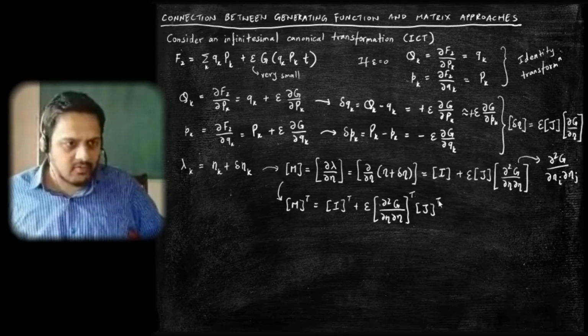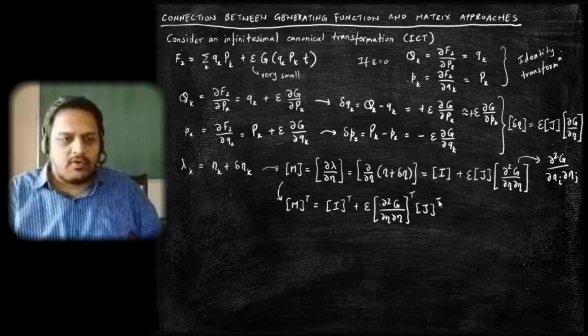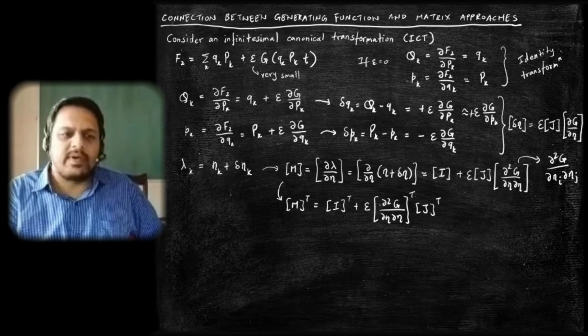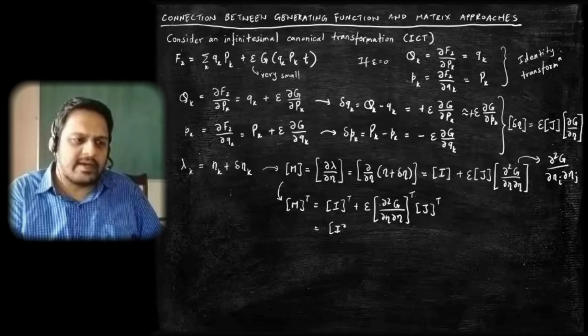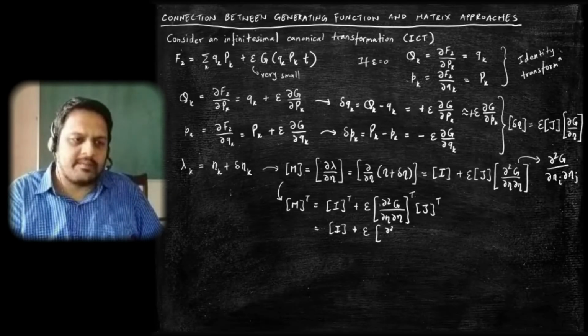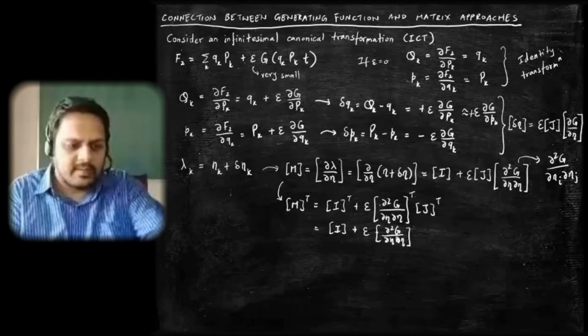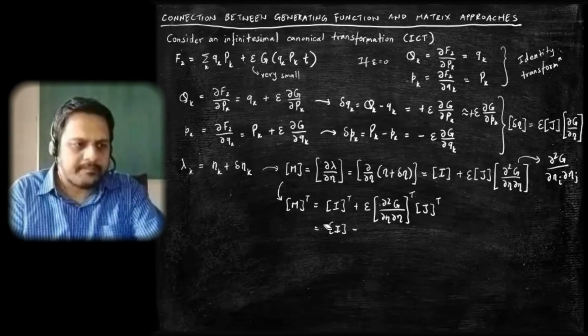That is what we have written over here. Now, looking at the structure of the G matrix, ∂²G/∂eta_i∂eta_j, if I interchange eta_i and eta_j, nothing is happening to this matrix. So the transpose of the identity matrix is, of course, the identity matrix itself. The transpose of the G matrix is the same. So ∂²G/∂eta∂eta will remain the same. Let me write this more clearly.